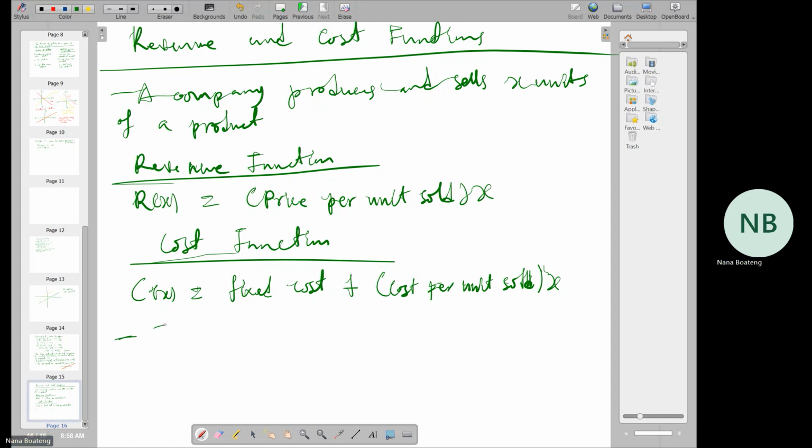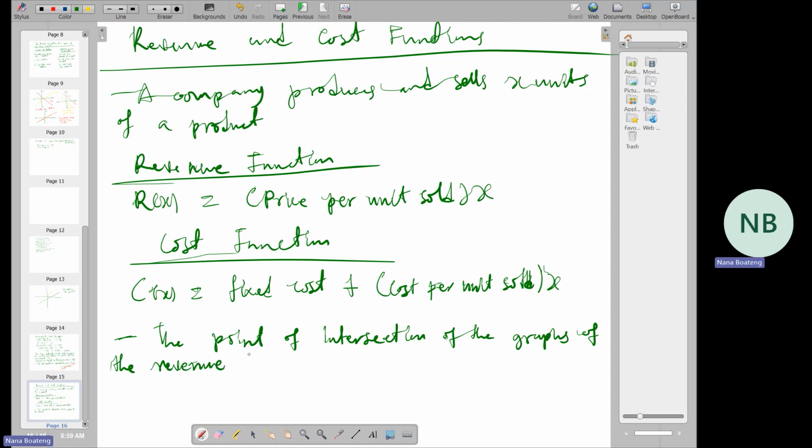So the point of intersection of the graphs of the revenue and cost functions is called the break-even point.